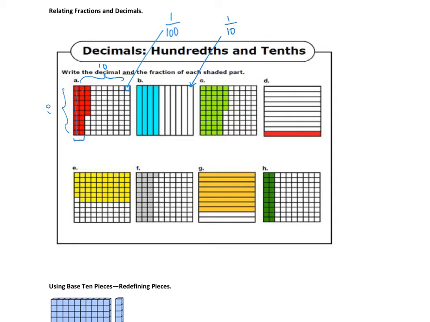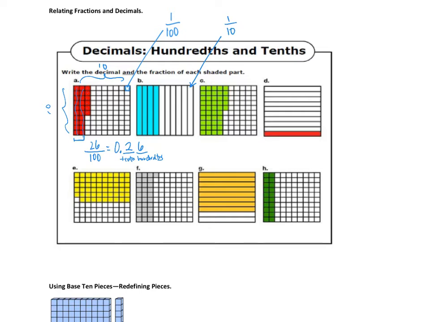There's like a 10 and then another 10 and then there's 1, 2, 3, 4, 5, 6. So there's a total of 26 of those little guys, which are hundredths. So that's 26 hundredths. And so as I'm saying that, the place value, remember, we have our tenths place, then we have our hundredths place. And so this is going to be written as 0.26.